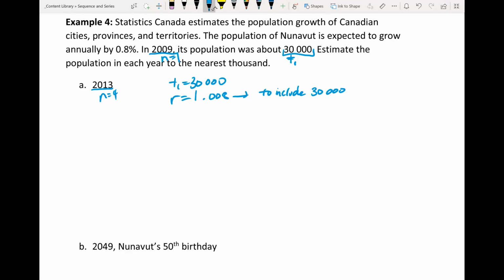Okay, so we're going to find what T4 is, because that will give us the population in 2013. So T1 is 30,000. The next thing I need to fill in is R, which is 1.008. And then n minus 1 is our exponent, which is in this case 4 minus 1.